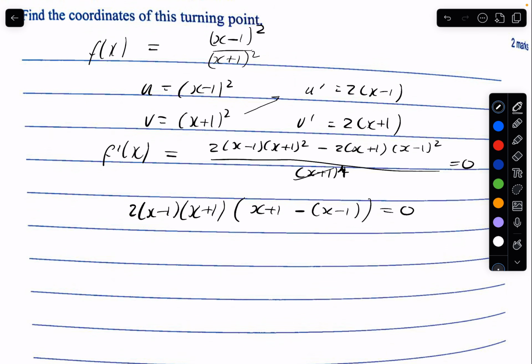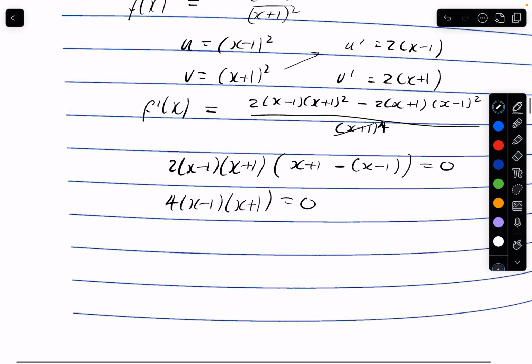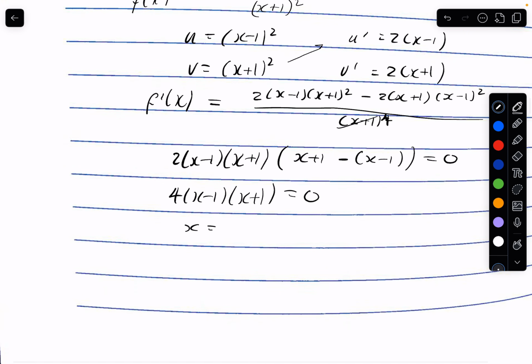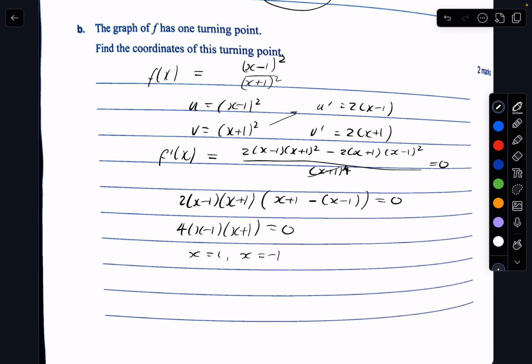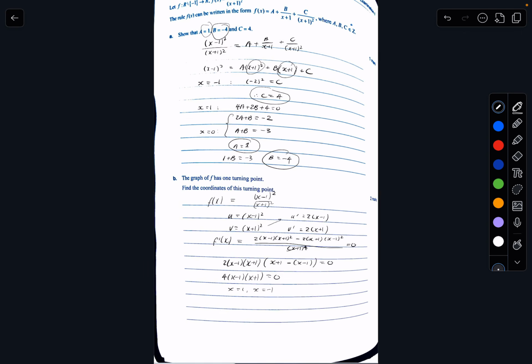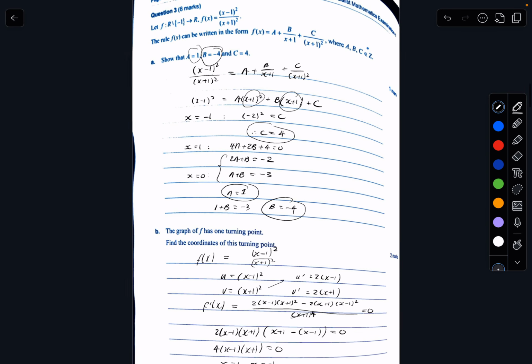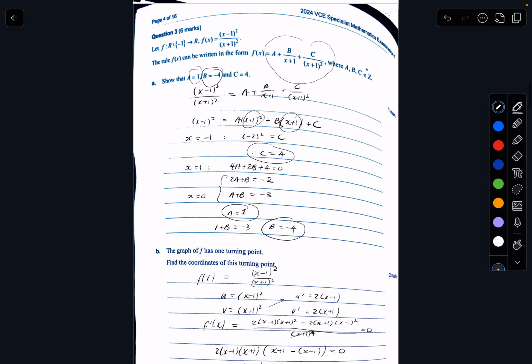So that works out to be positive 2. So 1 plus 2, and the x's go. So that will be 4 times x minus 1, x plus 1 is equal to 0. So x is equal to 1, or x is equal to negative 1. Now we need to check which one it is that has a turning point. I mean, we've written it in this form.